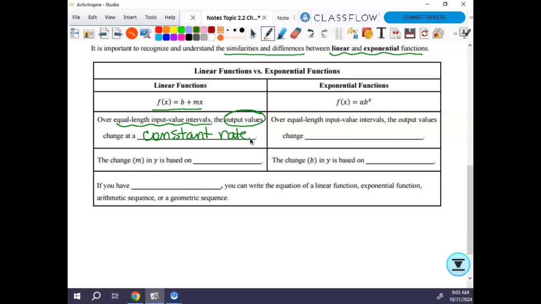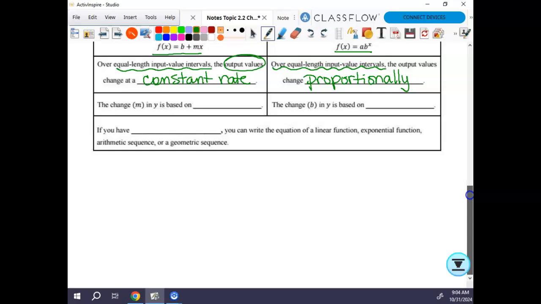All right. And the exponential functions, which this is your little generic one, again, over equal length input value intervals, the output values change proportionally. You can say proportionally or proportionately. They're different words, but they kind of mean the same thing. It doesn't matter. So if you see a different form of that word, it means the same thing.